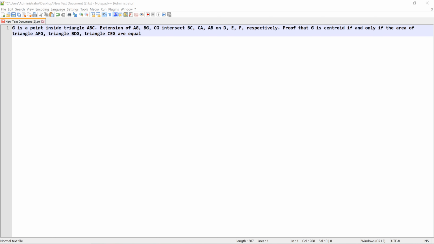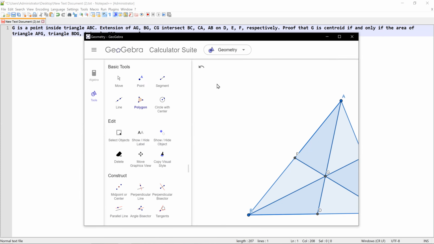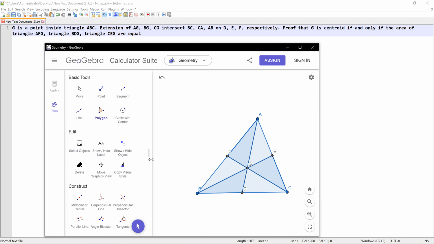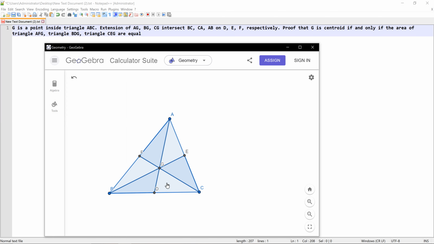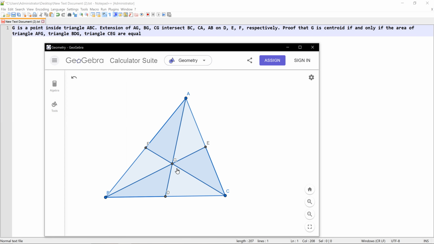Extensions of AG, BG, CG intersect BC, AC, AB at D, E, F respectively.